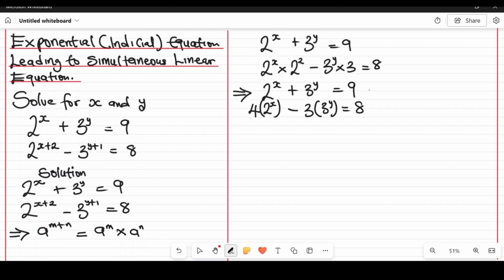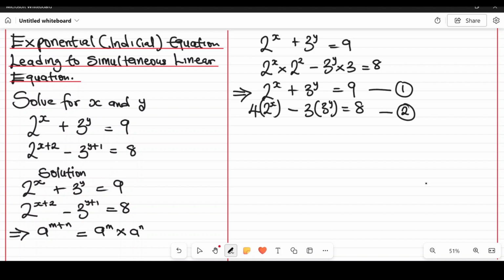Now I will call this equation 1, and this equation 2. We have two equations that can be solved simultaneously. For us to be able to solve this, we will use one of the methods of solving simultaneous linear equations: either the graphical method, elimination method, or substitution method.